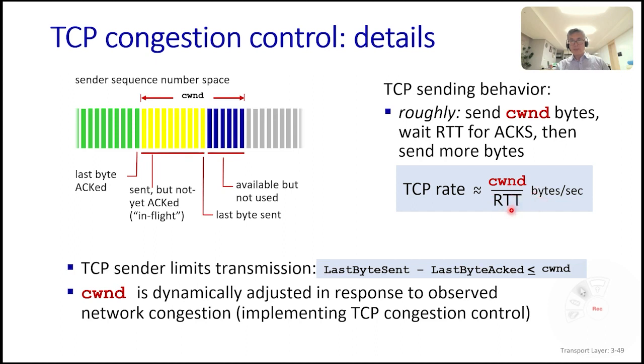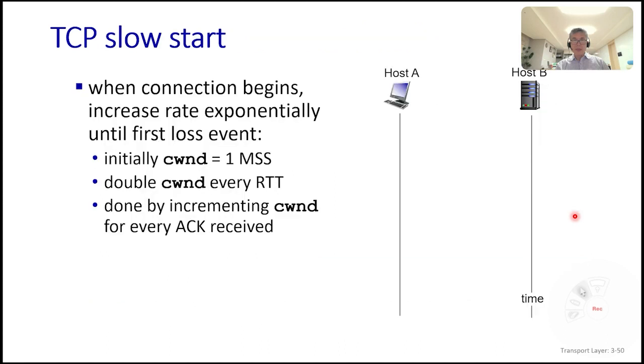And then it can transmit more, CWND increases by 1 maximum segment size. So this is congestion avoidance.